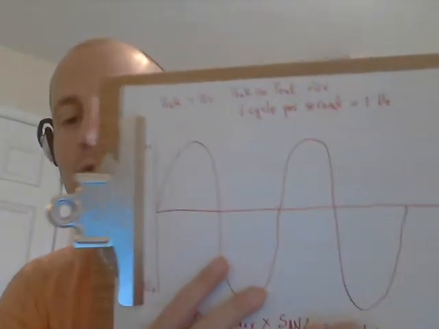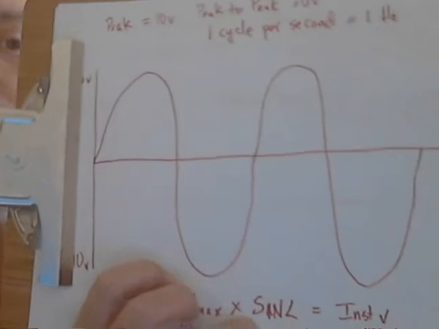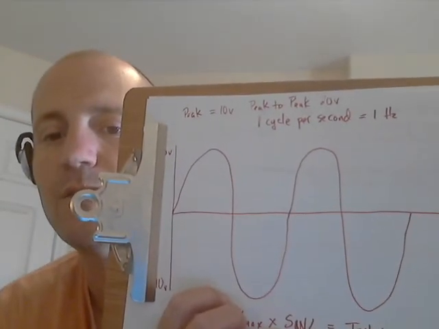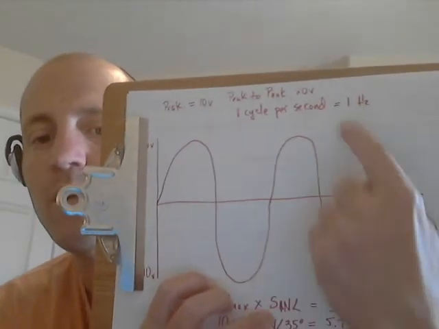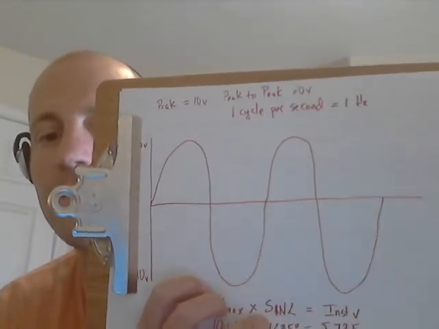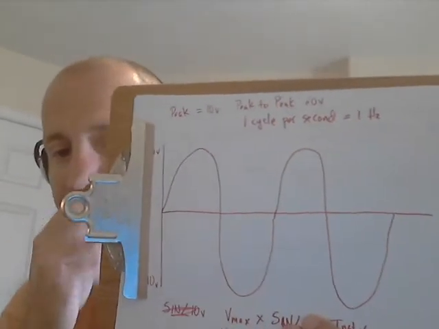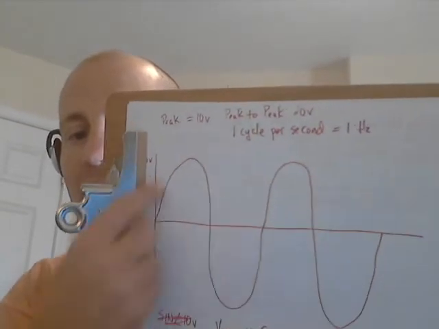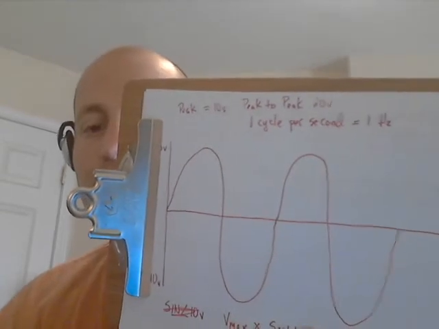Now we have a measure of cycles per second, and that measure is hertz. In other words, the word hertz is a unit of measure that represents the number of complete rotations of the conductor per second. So let's say that our generator is able to make 2 complete 360-degree rotations within 2 seconds.